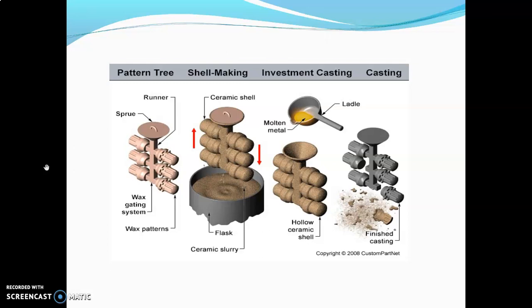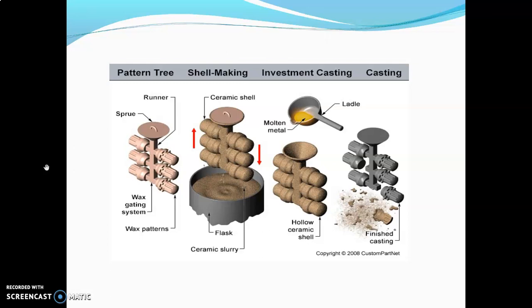Again you can see here, after removing the wax, you will get the hollow ceramic shell. In that we pour the molten metal. Same thing, we allow some time to solidify, and again remove the ceramic coating from the cast metal and take your product, and you can do machining if required. So it is very simple.